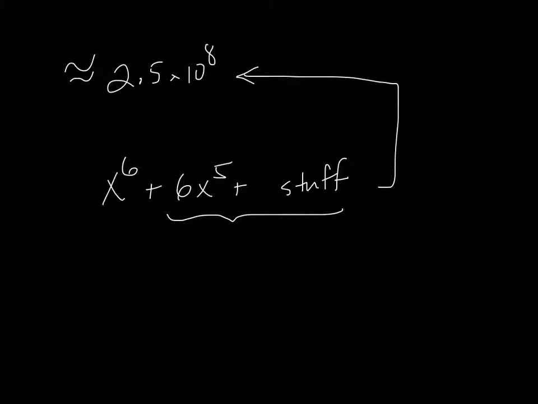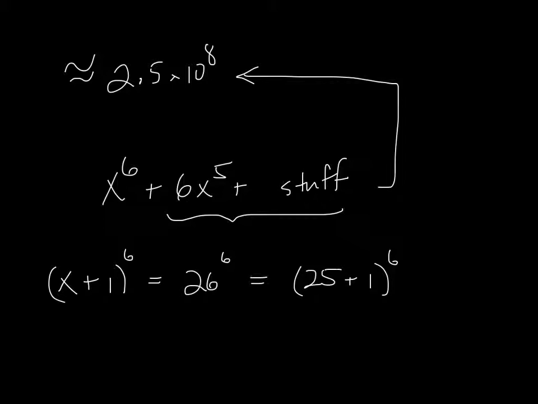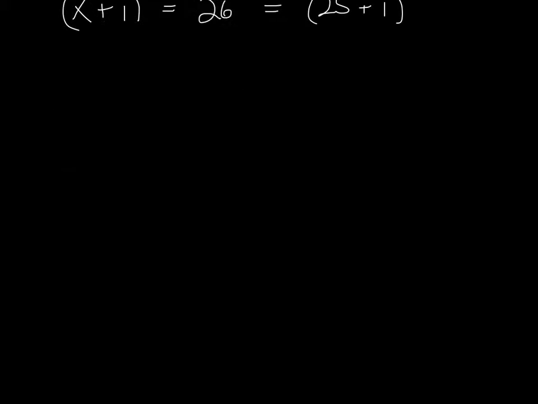And the reason why is because, remember, we're saying that x plus 1 to the 6th is 26 to the 6th, is 25 plus 1 to the 6th. We just figured out what 25 to the 6th was. Now, 25 to the 5th, how big is that going to be?